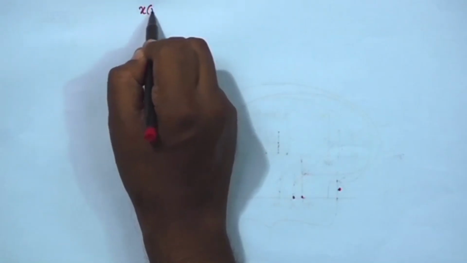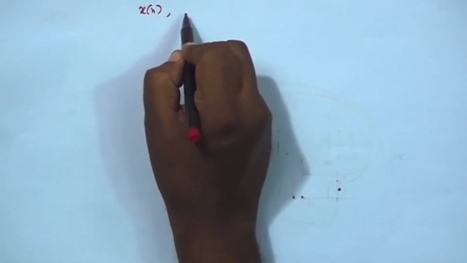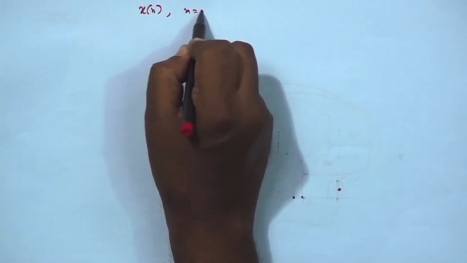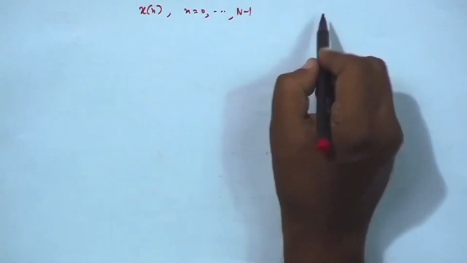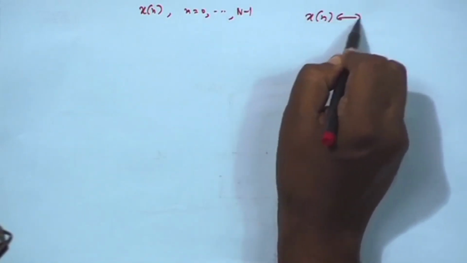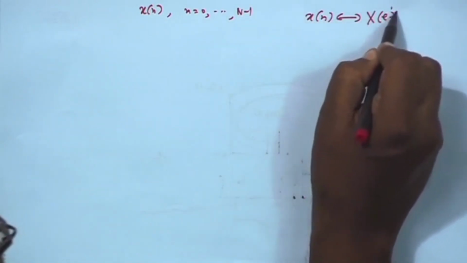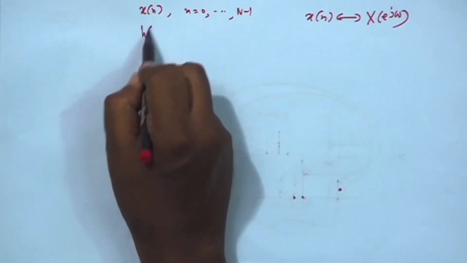Another thing relates to convolution, and that is another very important thing. Earlier we had seen that suppose I give you a sequence x n from 0 to n minus 1. X n has DTFT, and another sequence h n.